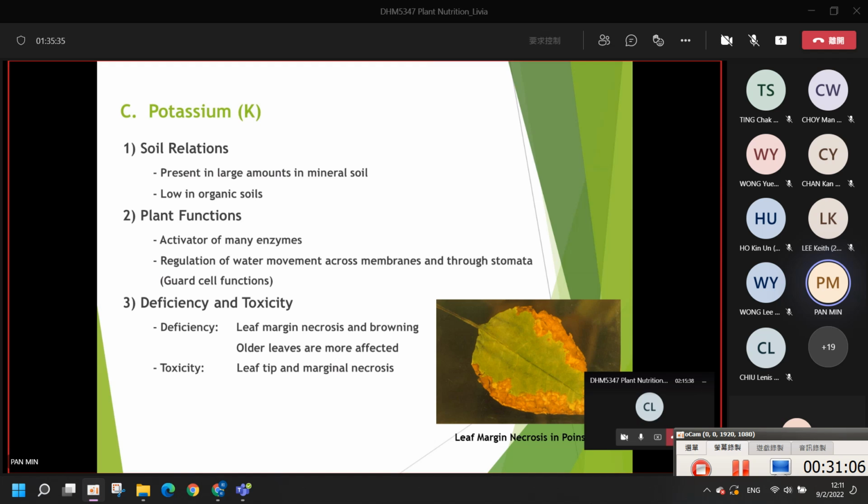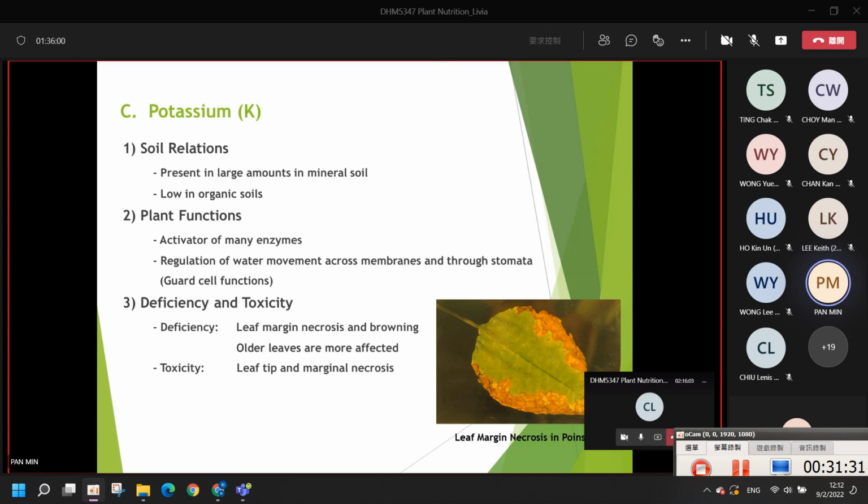And the deficiency symptom and toxicity. The deficiency symptom of potassium in the plant includes the brown scorching, and here is a very typical symptom. This is the necrosis, the margin necrosis.